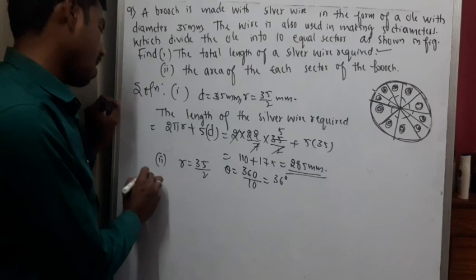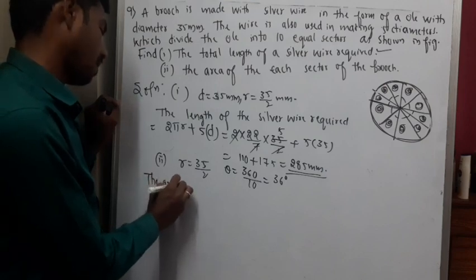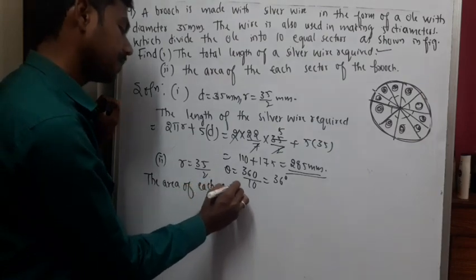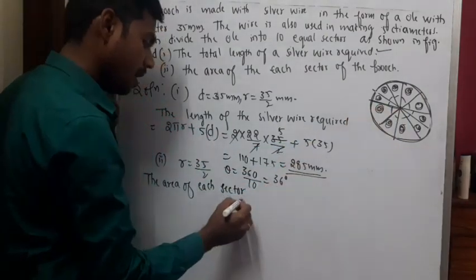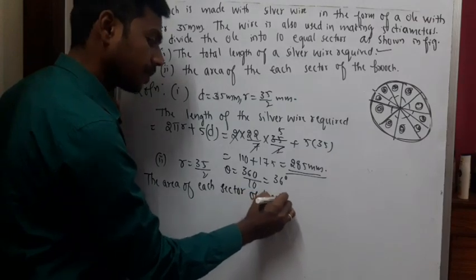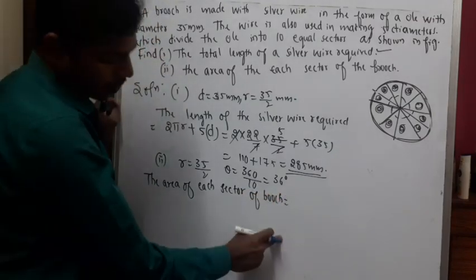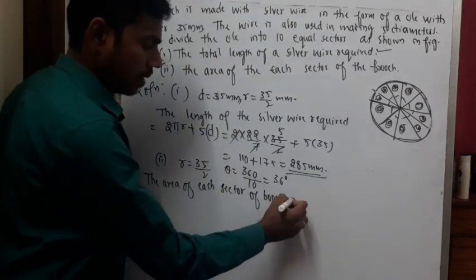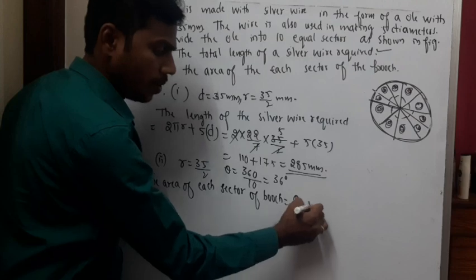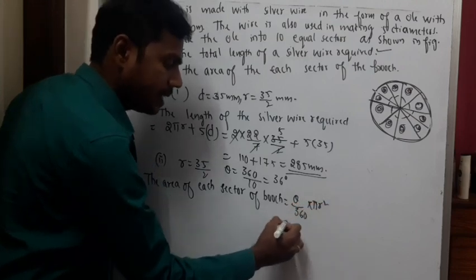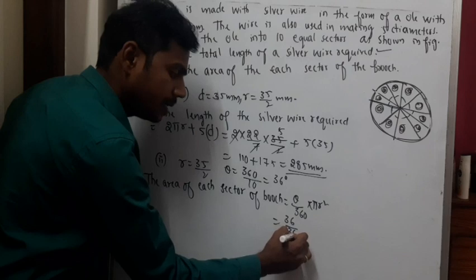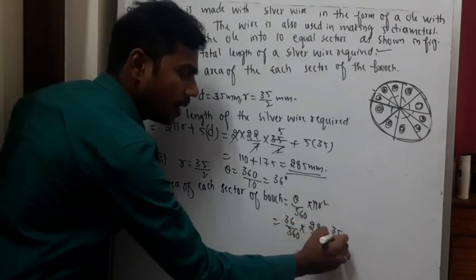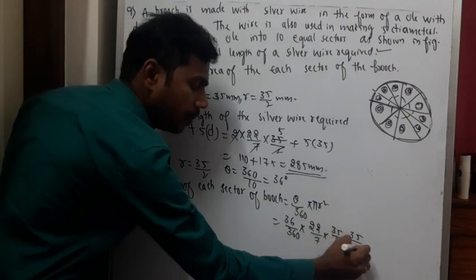So the area of each sector of the brooch is equal to theta divided by 360 into pi r square. What is theta? Theta is 36 divided by 360 into 22 divided by 7 into r, 35 divided by 2 into 35 divided by 2.